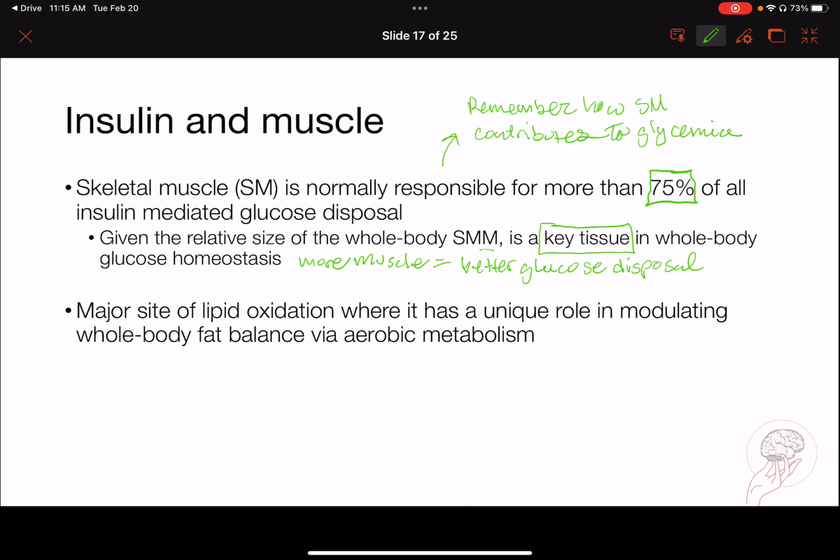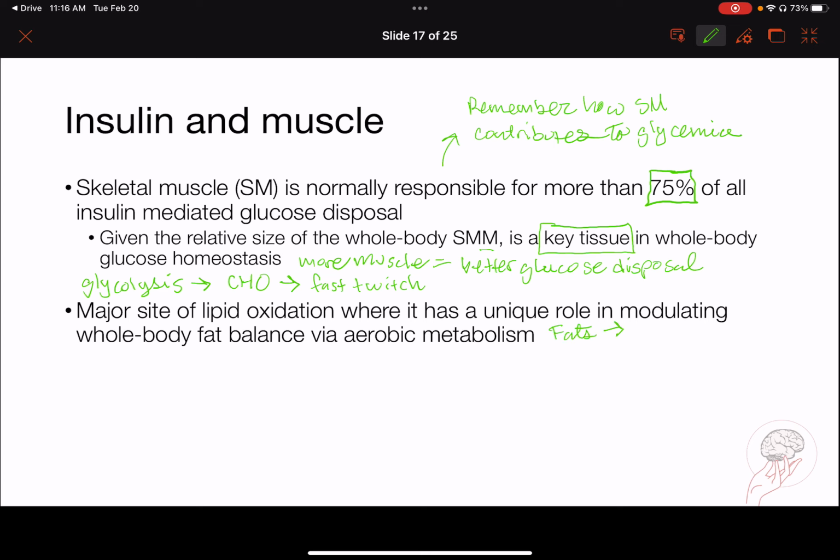Muscle is also a major site of lipid oxidation, where it has a unique role in modulating whole fat balance via aerobic metabolism. So a lot of the skeletal muscle is going to do first just glycolysis. And we can only do glycolysis with carbohydrates. This is for our fast twitch muscles. But as we run out of glycogen, we need to use fats.